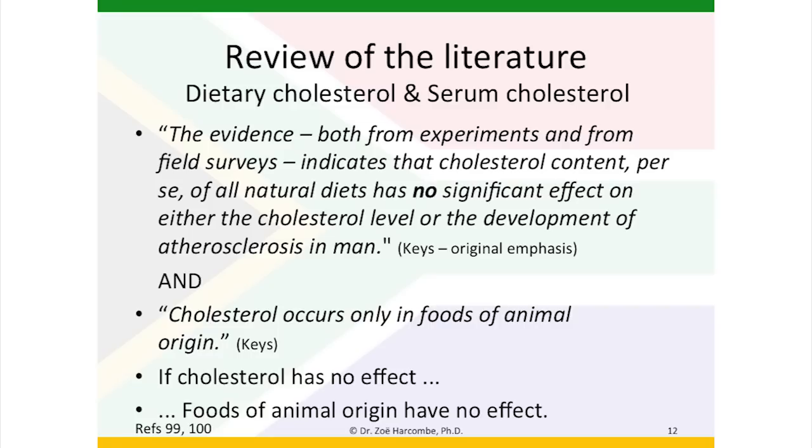And that's very interesting, because if it has no impact on blood cholesterol levels or atherosclerosis levels, given that cholesterol is only found in foods of animal origin, and to do those clinical trials on humans, Keys therefore had to feed those humans a large quantity of foods of animal origin to increase their dietary cholesterol levels, then he has simultaneously exonerated animal foods.